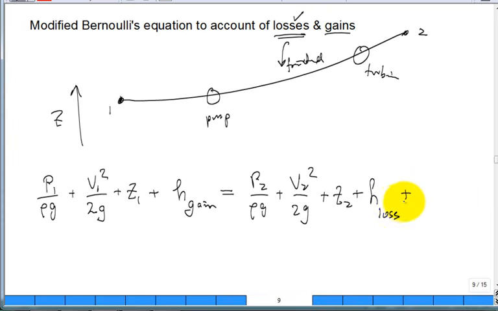And sometimes you break those into devices that you really wanted, like a turbine, which extracts energy, and I'm using some energy somewhere else in the system. And you just have some head loss due to the friction. So this could be on purpose, and this could be just major and minor losses due to friction.